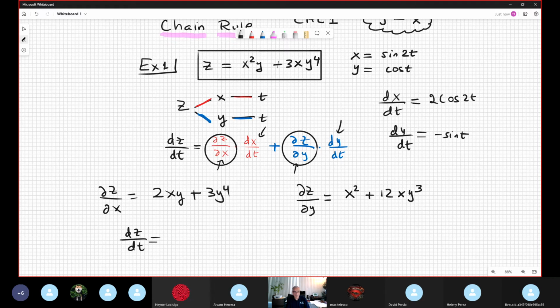Okay, I come back. It's this. Definitely, this is multivariable calculus. We have one independent variable, but we have two intermediate variables, x and y. So now if you put together, mix t, x, and y, crazy. It's not good. Frequently you put 2 times x, but who is x? This is x, sine 2t.